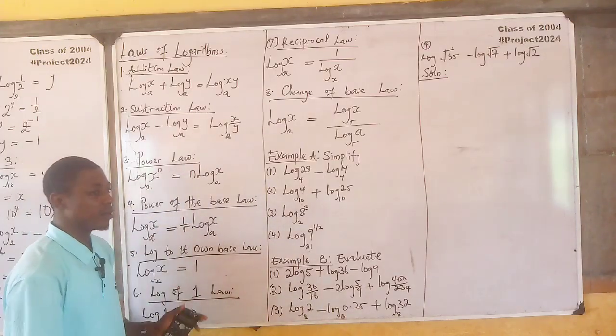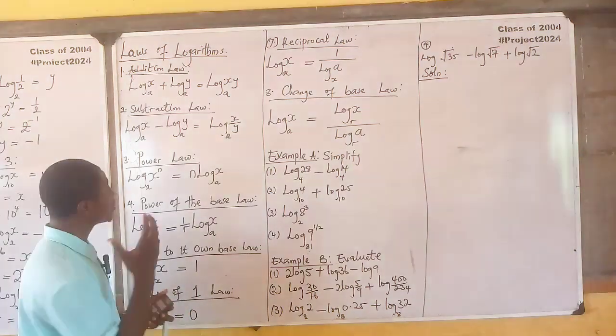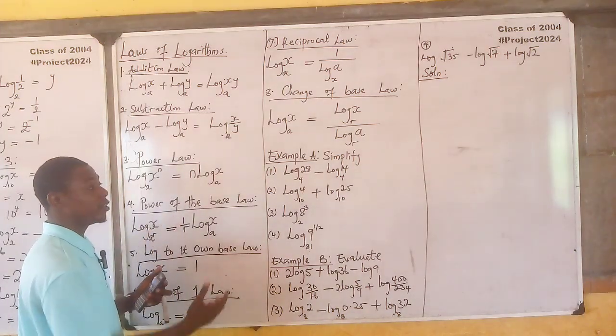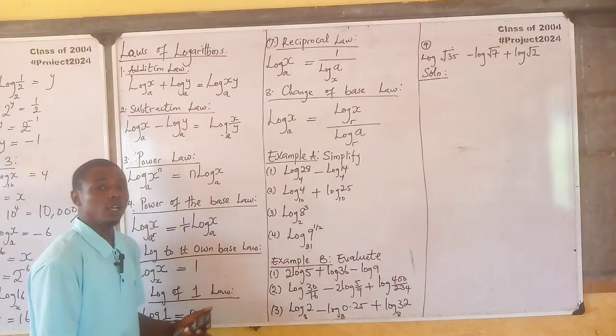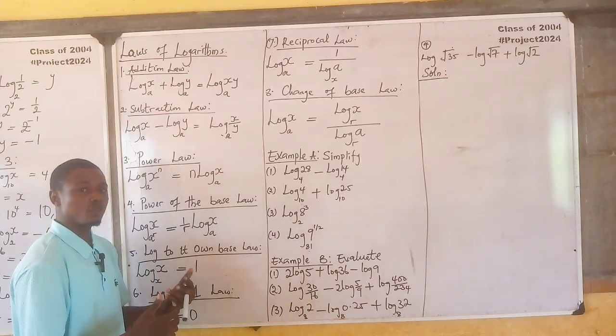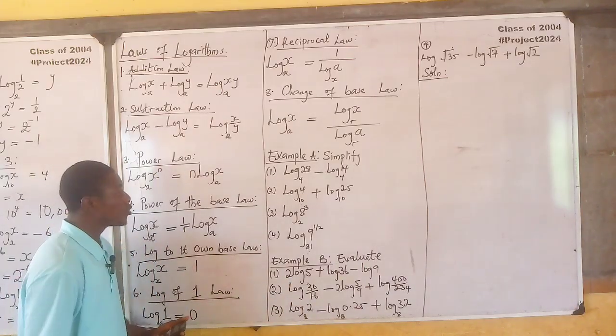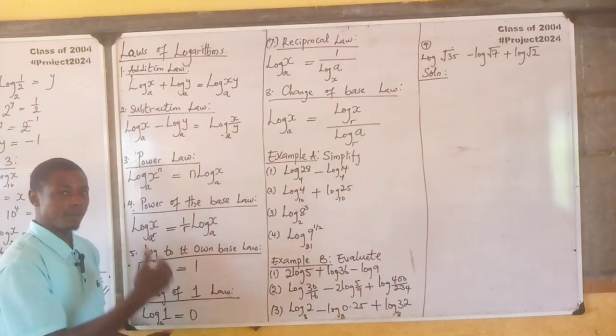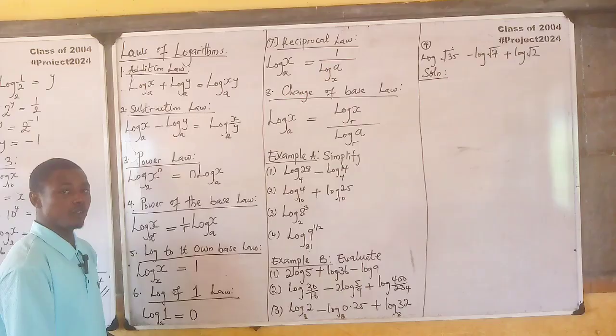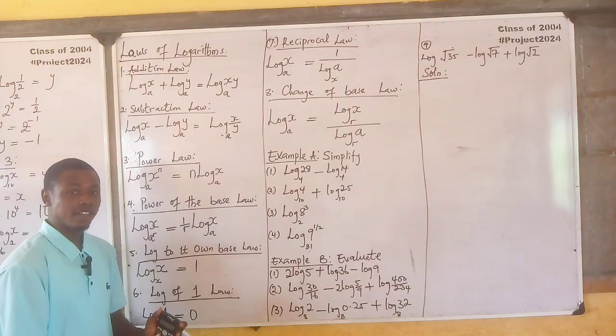We have a lot of them, and of course, from these laws you'll be able to have the idea how to solve logarithm, especially when it begins to become complex. So you need to learn these laws, okay? Practice them, watch the video again to make sure that it sticks to your head very well.